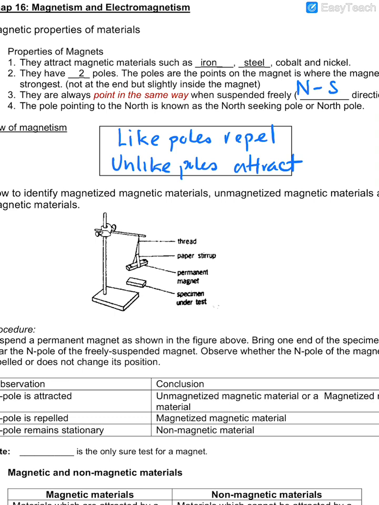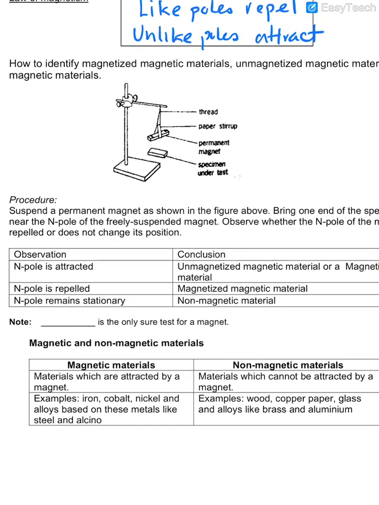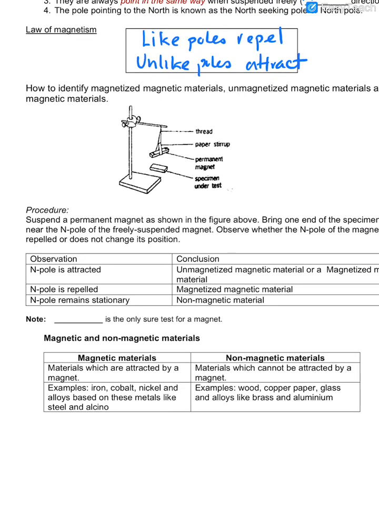Very simple: north and north repel. All this I don't have to explain, you learned it in primary school a long time ago. As I said, the theory behind this chapter is quite simple. The only problem comes when they ask you questions that you don't know how to explain.